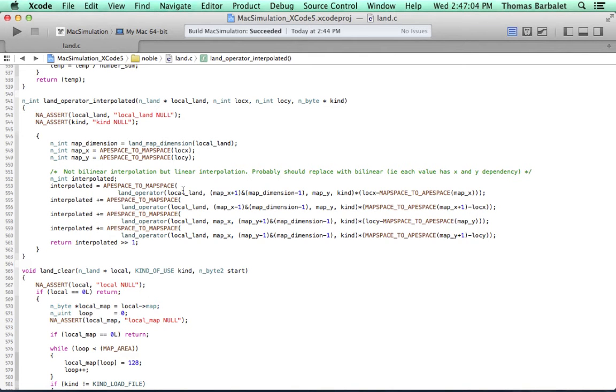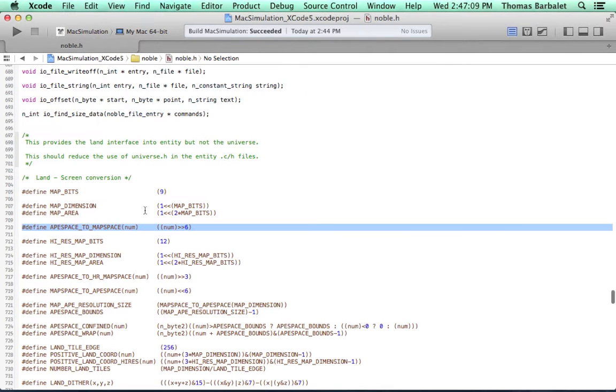Anyway, what it's doing here is, because the map space is actually considerably coarser than the ape space, the apes move around in 64 units within each of the individual map points. There was some discussion associated with how big the simulation is, and we'll get into that in another video.